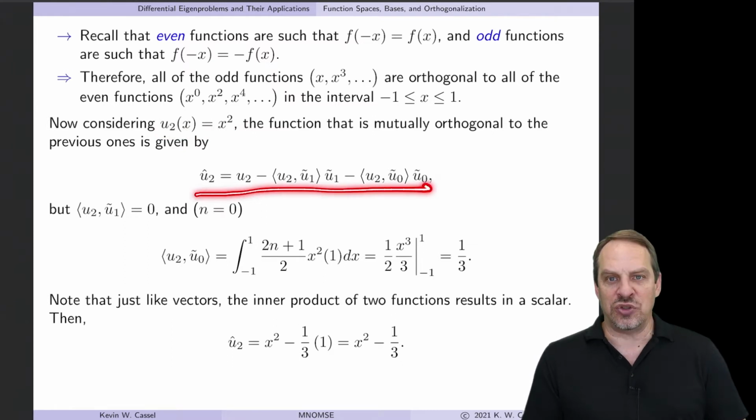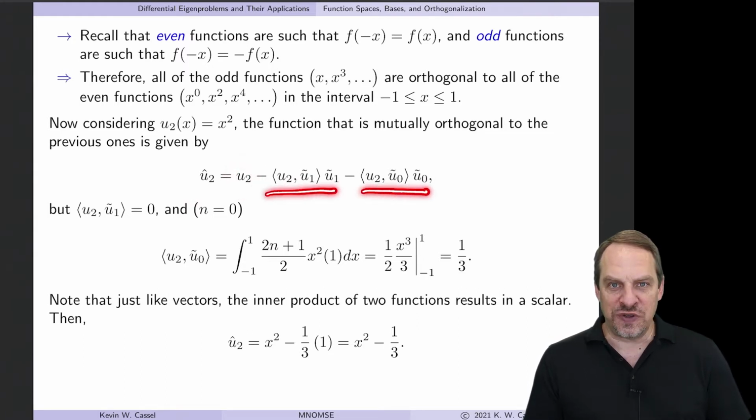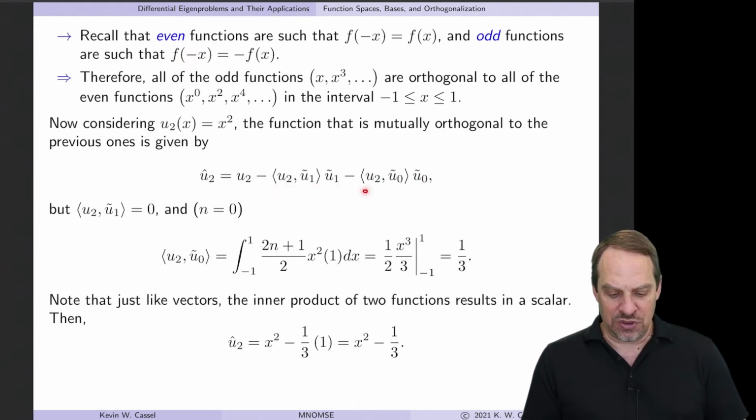So for example, for the next function u2, which is x squared, here's the expression that we use to get u2 hat. We start with u2, the original function. We subtract off a term for each of the previous functions that have already been orthonormalized. They involve an inner product of the new one with that one times that one, inner product of the new one with that one times that one.